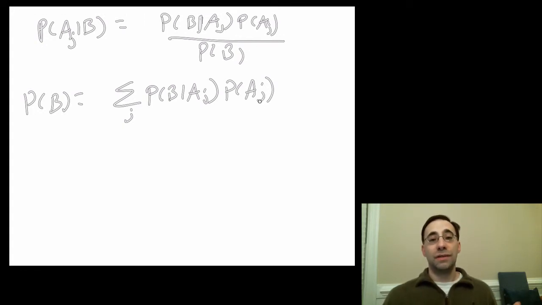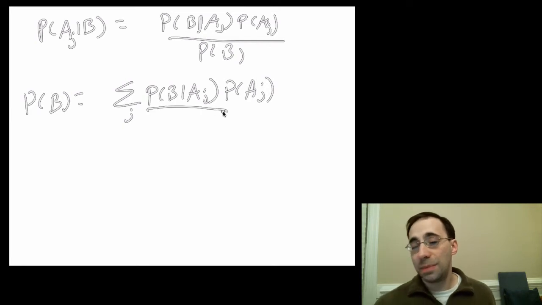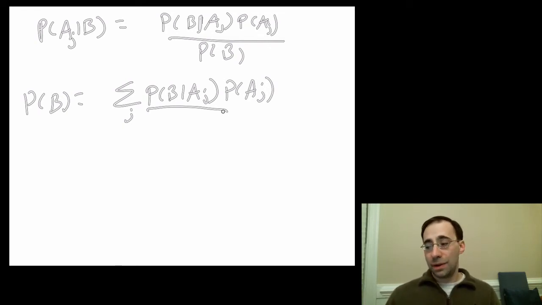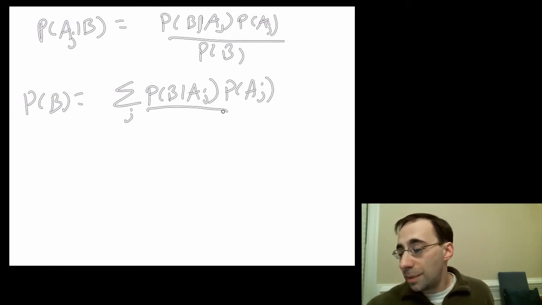Given a set of mutually disjoint things, it could have happened given A1 happened, or given A2 happened, or given A3 happened, and so on. Those are all these conditional probabilities. The chance that B happens given A1 happened is the first one. The chance that B happened given A2 happened is the second one, and so on throughout the sum.